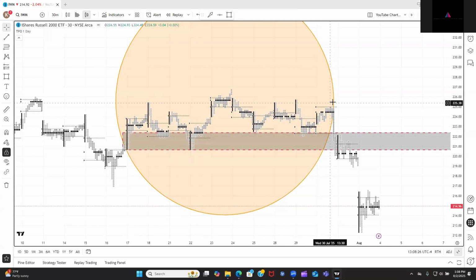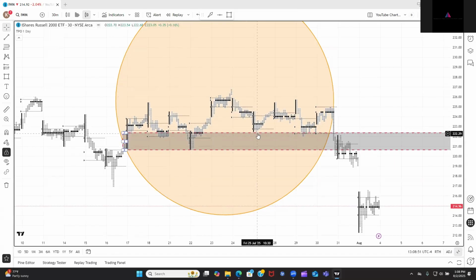Now we go out of the circle to July 30th, Wednesday. What happened? Price went through liquidity. So here was a liquidity rejection or a liquidity grab. You can use either term. Here's a liquidity grab or liquidity rejection, back up.